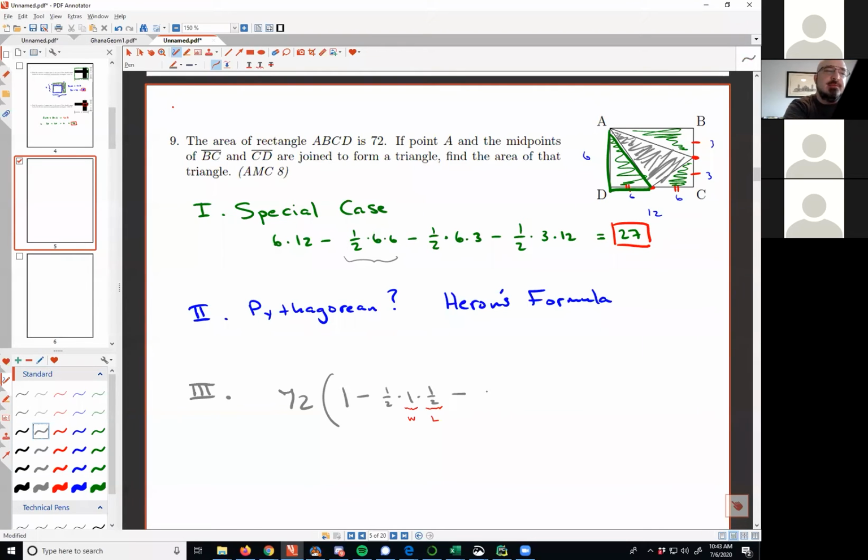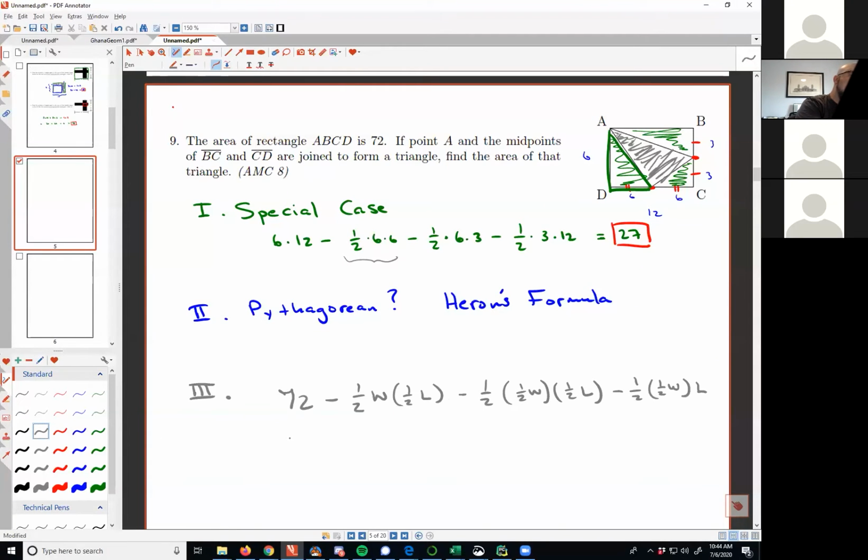So if W and L, maybe we should just do it like that. I'll factor it out later: minus 1/2 times W times 1/2 of L. And then the little triangle has half the width and half the length. And then the other medium-sized triangle has 1/2 the width and all of the length.